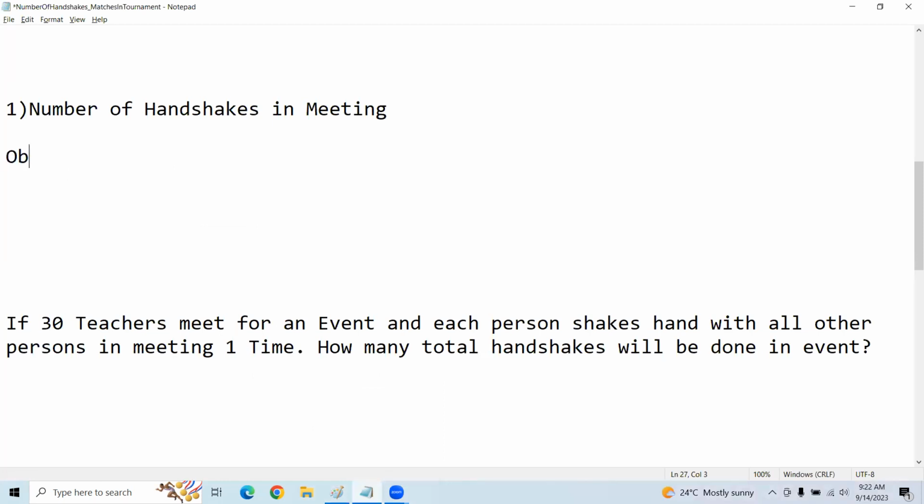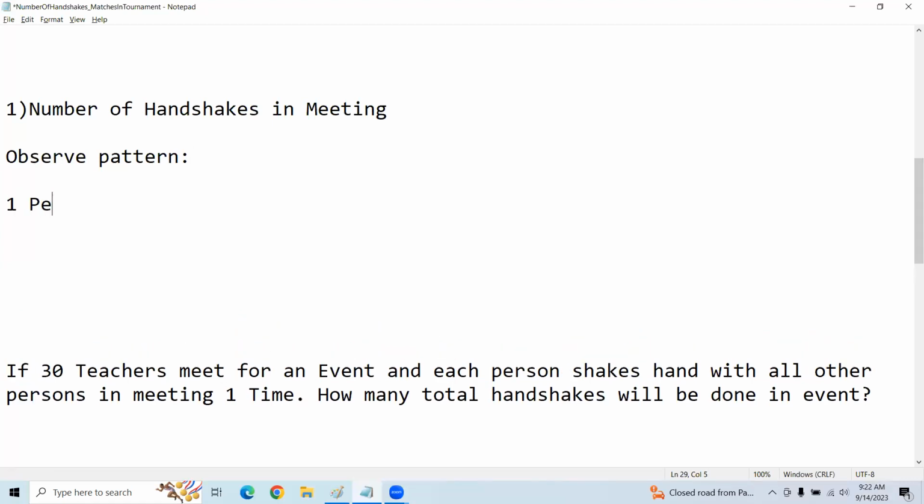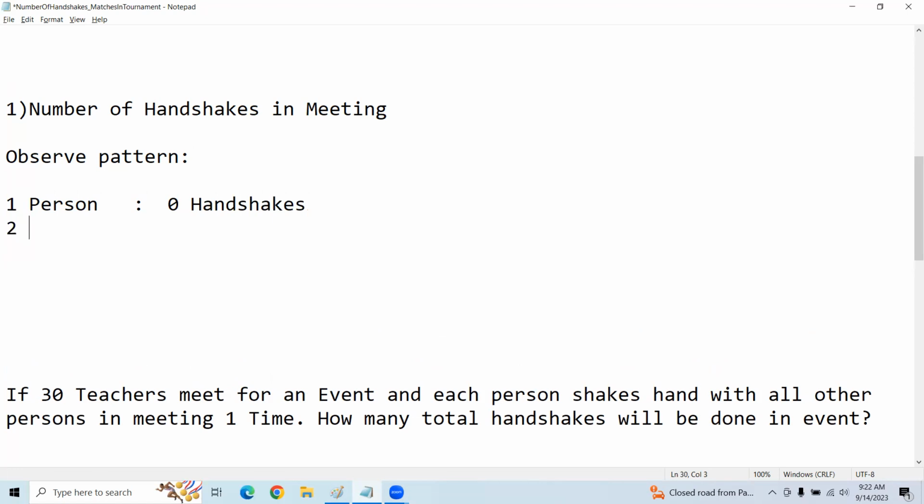So observe the pattern. One person, we have 0 handshakes. When we have 2 persons, how many handshakes do we have? When we have 3 persons, how many? And with 4 persons, how many?